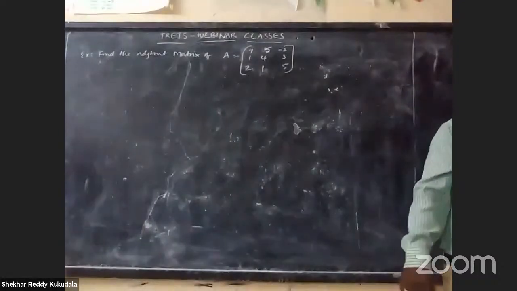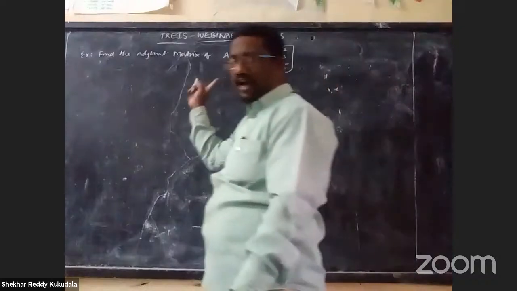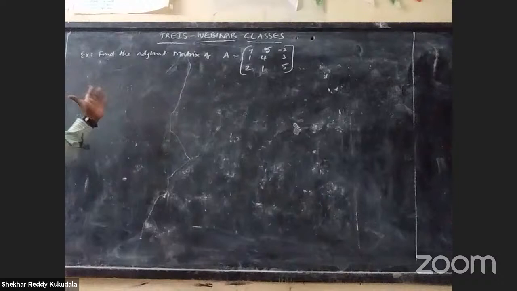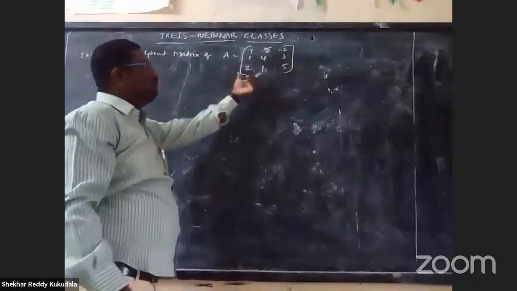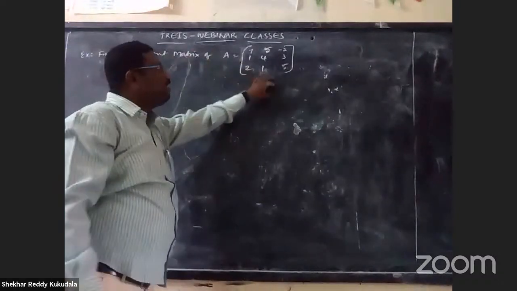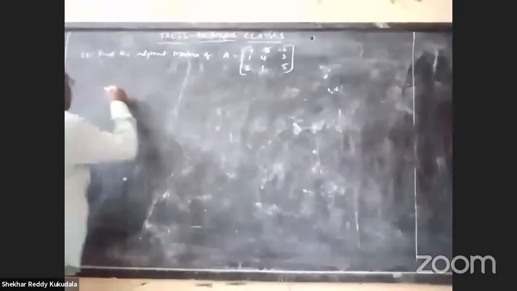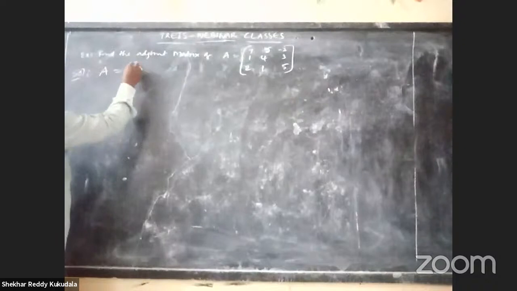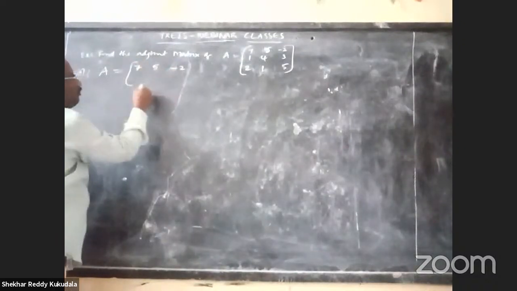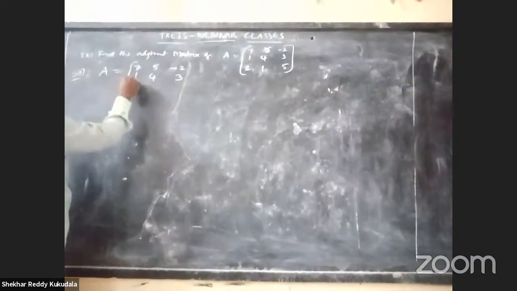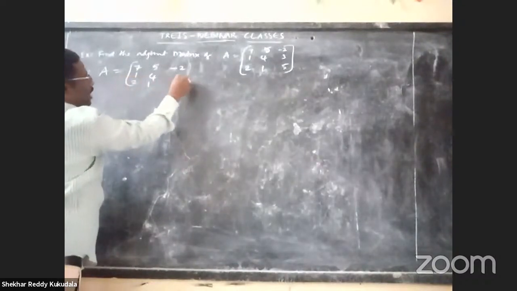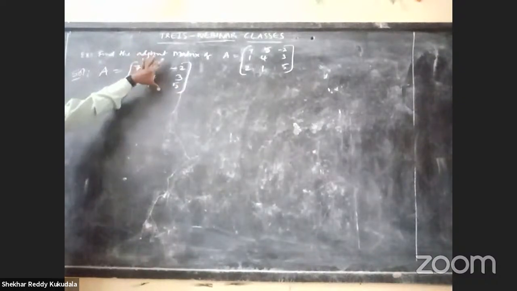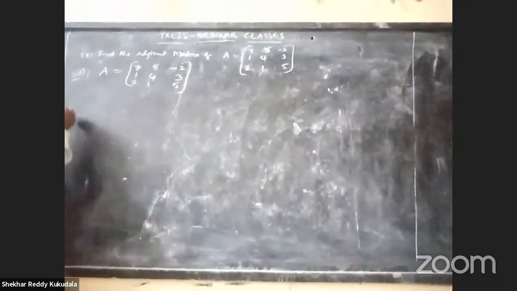To find the adjoint matrix, we need to find its cofactors, the cofactor matrix, and the transpose of the cofactor matrix will be nothing but the adjoint matrix of this given matrix. So here, solution. A is equal to 7, 5, minus 2, 1, 4, 3, 2, 1, 5. First, let us find out cofactors for all the 9 elements.